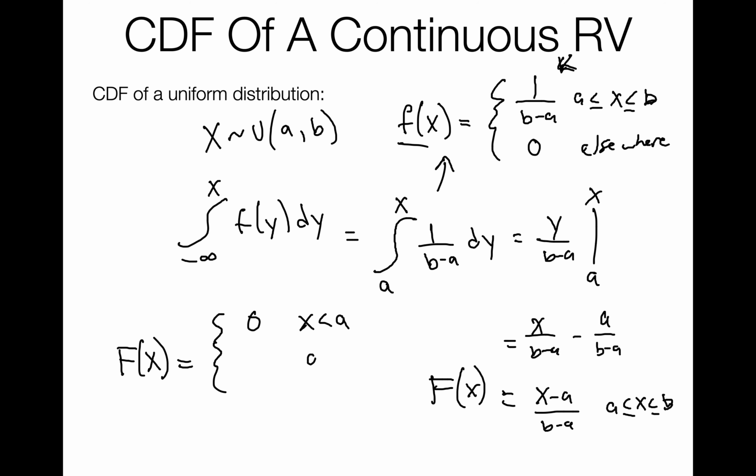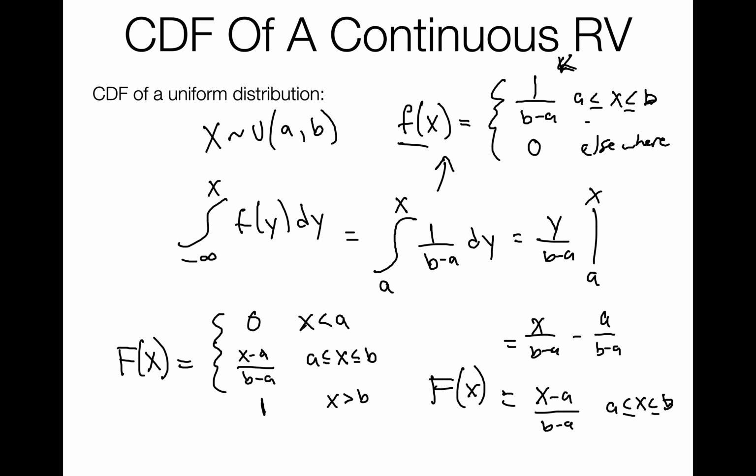During the interval a to b, the CDF is x minus a over b minus a. And then after that, when x is greater than b, the CDF value is 1, because it all happens between a and b.